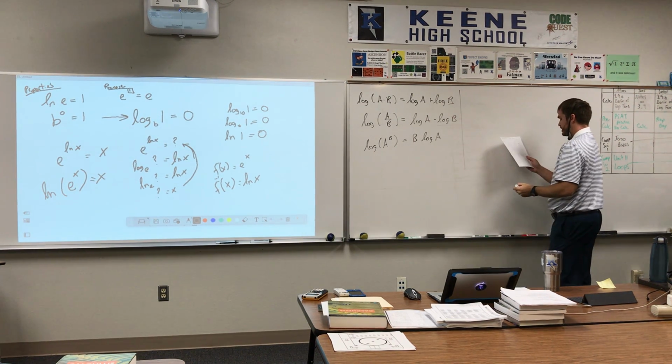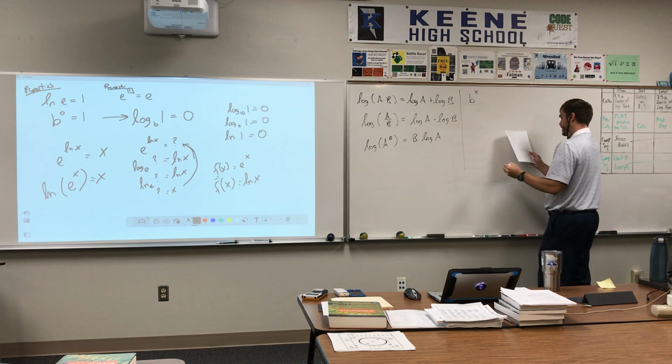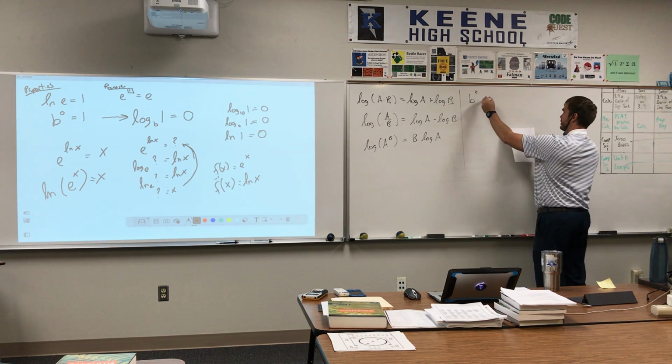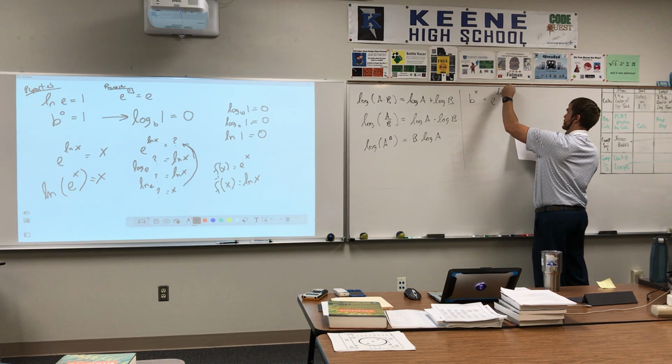This one is kind of weird. b to the x equals e to the natural log of b to the x.